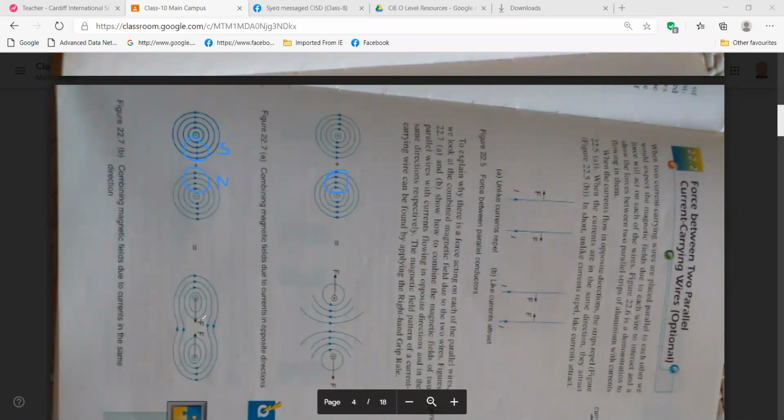That's why they have attraction. Look, the attraction is shown here more clearly. Is it clear?